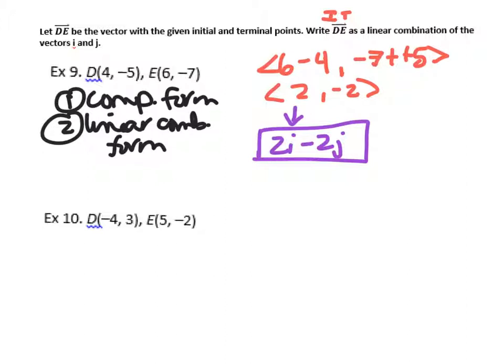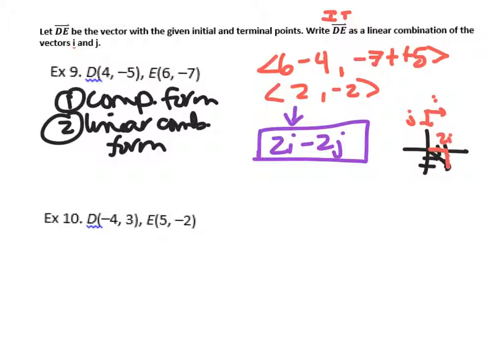Basically, what it looks like is 2, negative 2. Here's my vector 2, negative 2. And we already said that one vector over horizontally is i, and down is j. So if I need to go 2 over, that's 2i.